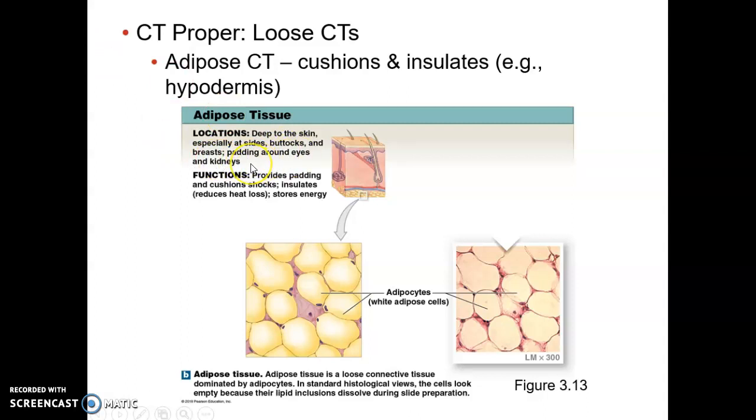Buttocks, breasts, around our belly or your beer belly, padding around your eyes and kidneys, provides padding, shock absorption, insulation, but also energy because it stores energy. The cells are adipocytes, and they fill with lipid or fat when we have excess nutrient storage in our body.